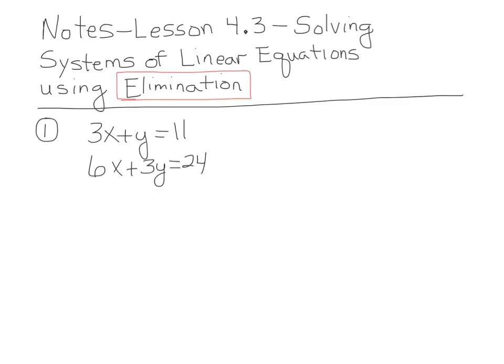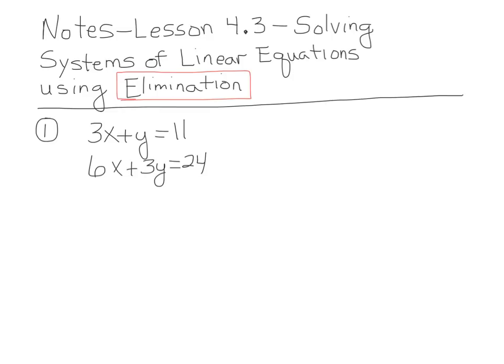So with elimination, notice how I have the x's lined up and the y's lined up and the constants lined up. That's the first thing. Then what you want to try to do is get either the x terms or the y terms to be opposites of each other. So I have a choice, and there's not a right or a wrong answer.